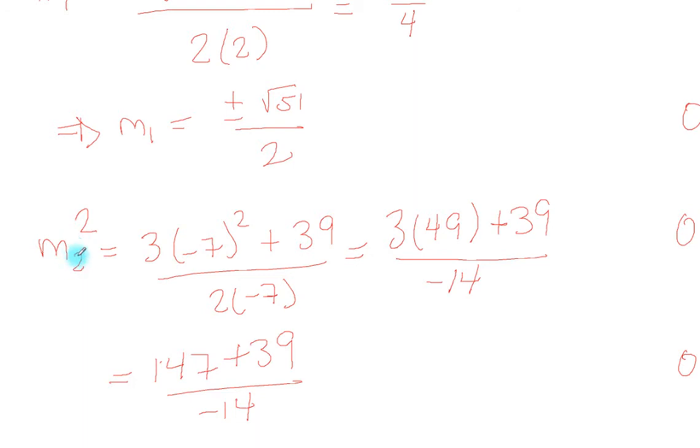Now, this is m squared. If we take the square root of this, we will have a non-solution, right? Because it can't be a negative value. So for negative 7, it doesn't work.